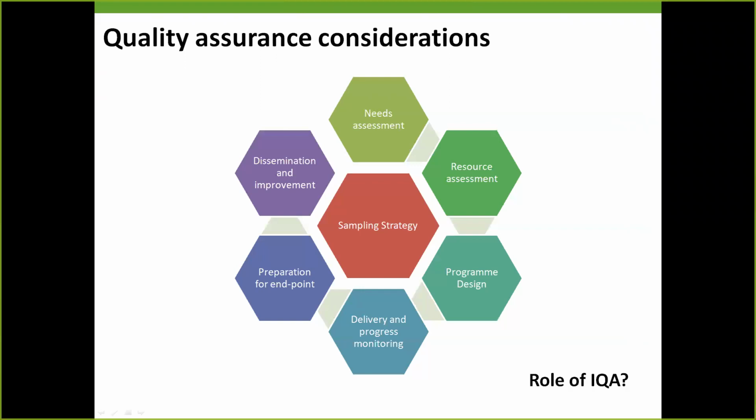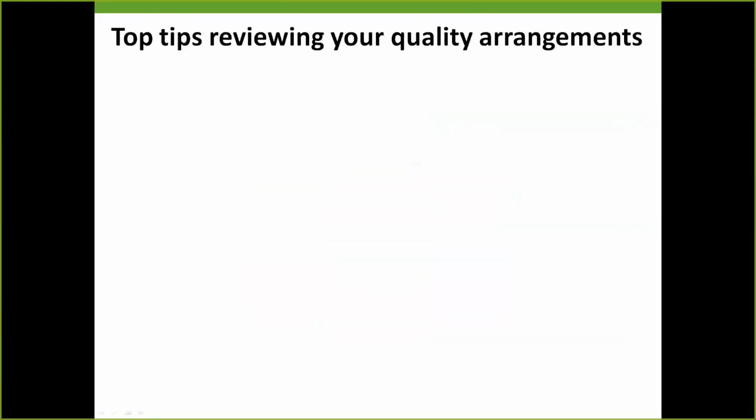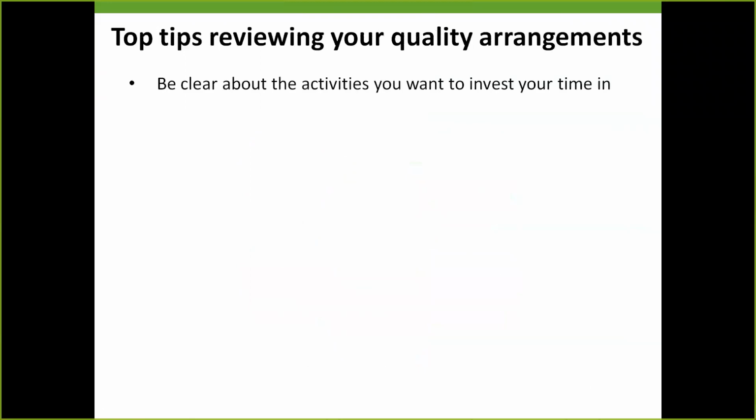So internal quality assurance in its widest sense, as opposed to internal quality assurance in the awarding body qualifications, verification, sampling sense and practice. So some top tips for reviewing your quality arrangements. Be clear about the activities you want to invest your time in.